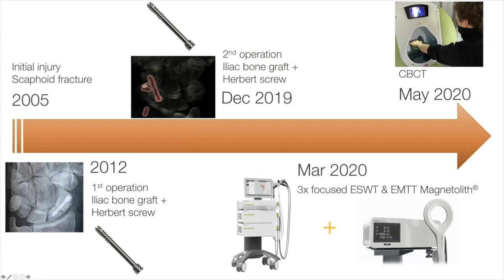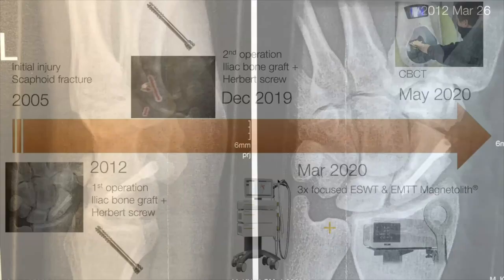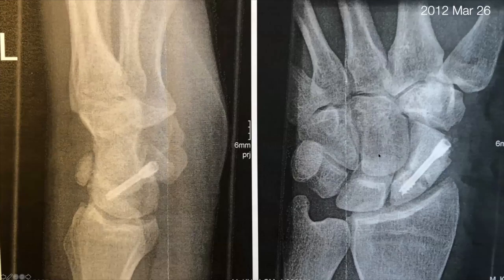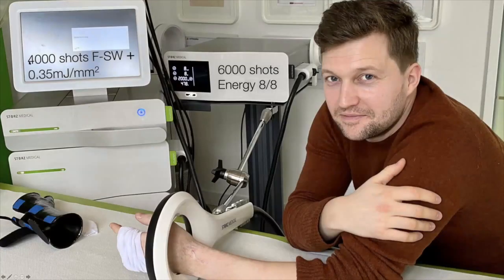And in March, in the first lockdown of COVID, I did 3 sessions of focused shockwave and the EMTT magnetolith, because the magnetolith was installed in this practice on March 7th. So very early on, I did the treatment in this patient with a combination of focused shockwave, you see here 4,000 shots, high energetic, and the EMTT machine with 6,000 shots, 3 sessions. Wow.